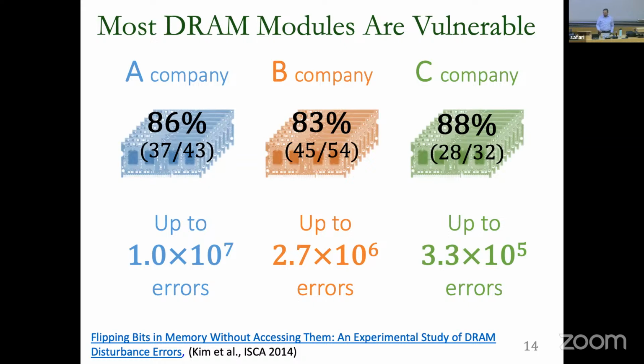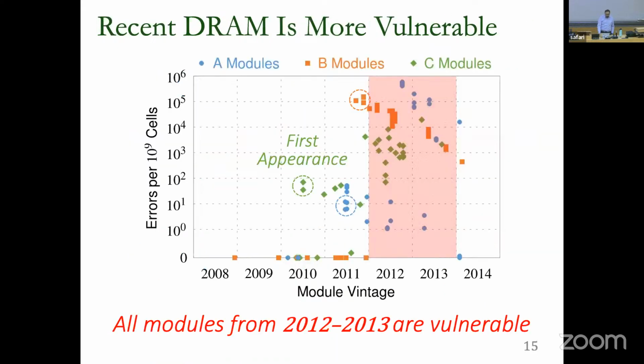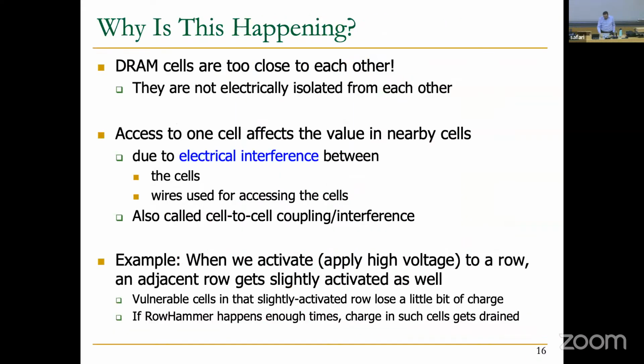And this paper shows that in 2014, which was 10 years ago, more than 80% of the tested chips, here you can see the percentages exactly, are vulnerable to this phenomenon, and they exhibit bit flips. The paper also shows that as you go from older chips to newer chips, with manufacturing date on the x-axis from 2008 to 2014, for some time you don't have any bit flips, then the first appearance is around 2010, and then we start seeing bit flips all over the place.